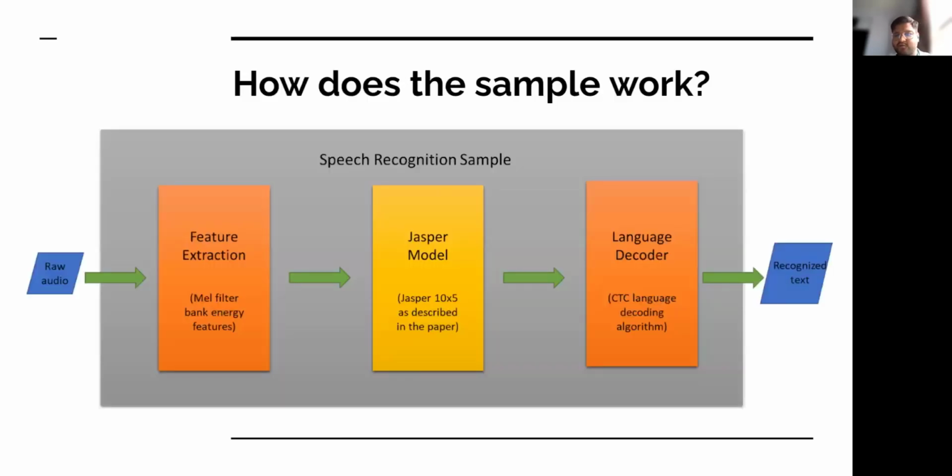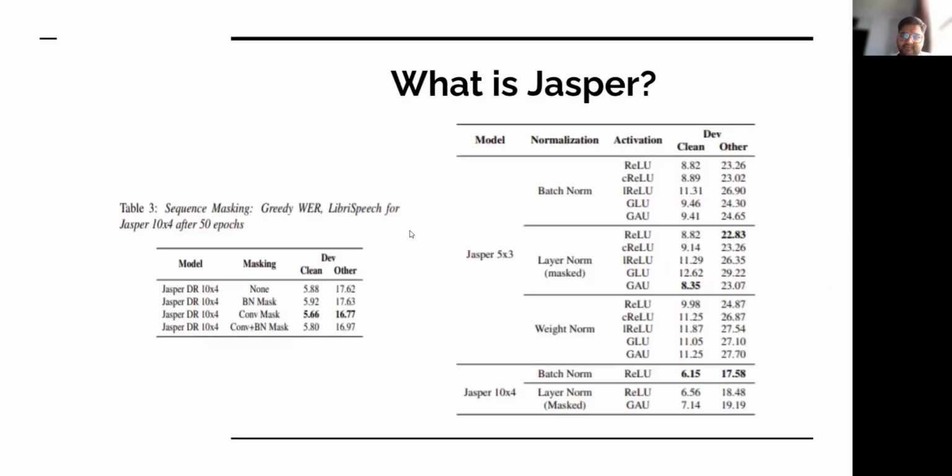Next, how the sample works; this schematic presents that. We take some raw audio, which is then fed into a feature extraction module, which extracts MEL filter bank energy features, which are essentially Fourier transforms of the audio, and then applies some more processing. That is then fed into the Jasper model, which we described here.